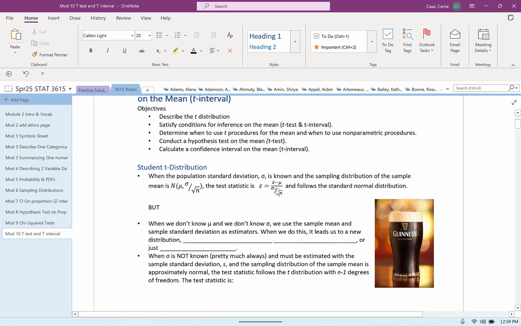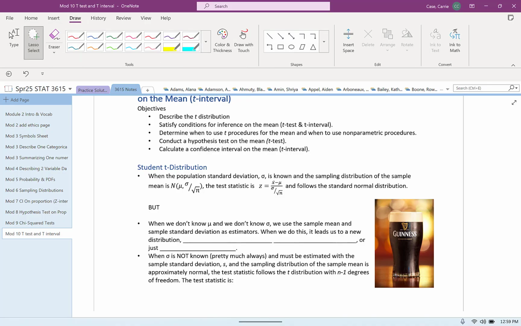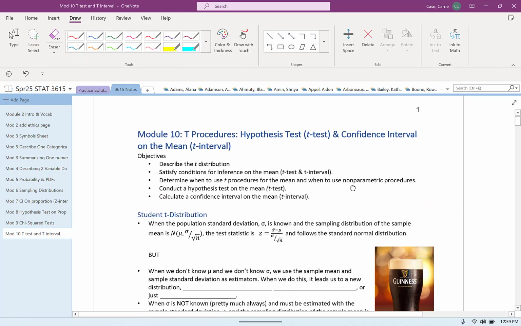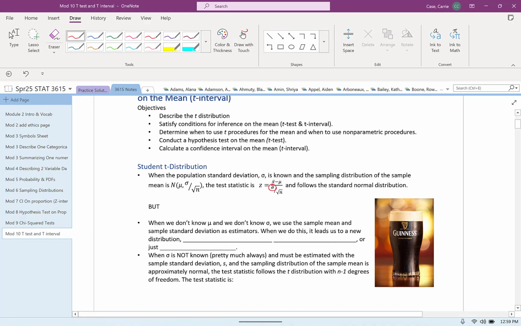And so this thing here, let me get a pen. This thing here, standard deviation, is also unknown. So when we don't know the population mean mu and we don't know the population standard deviation sigma, we use the sample mean and the sample standard deviation as estimators.